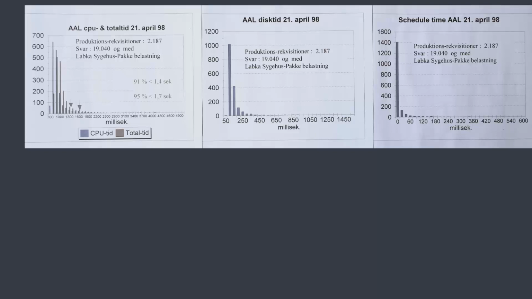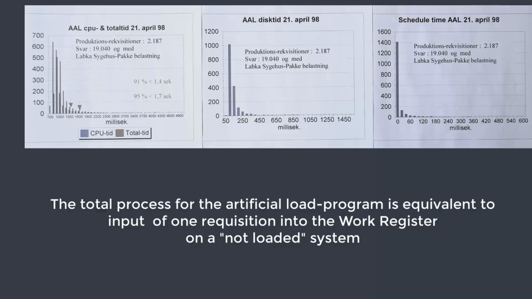Loading was carried out in such a way that the load programs ran at the same time as the production. They generated additional load as CPU load and disk load, that is read-write in the corresponding file as in the work register, and logged the same semaphore, the NRNQs, on the running system. Priorities for the load programs were set to the same as the running video terminal programs.